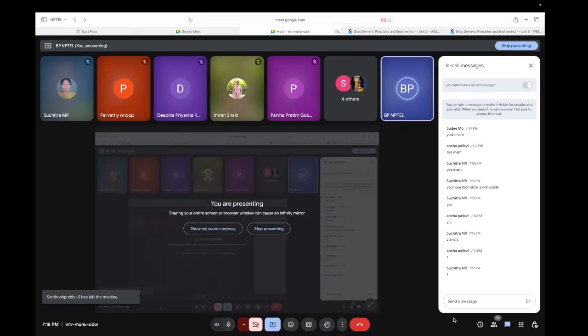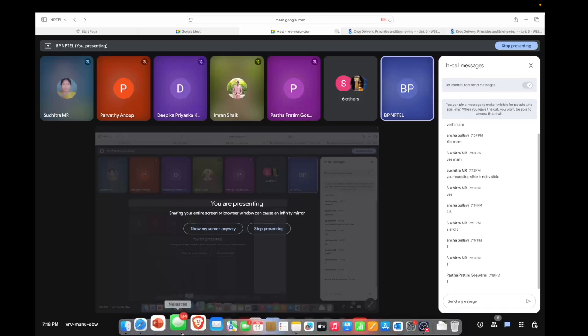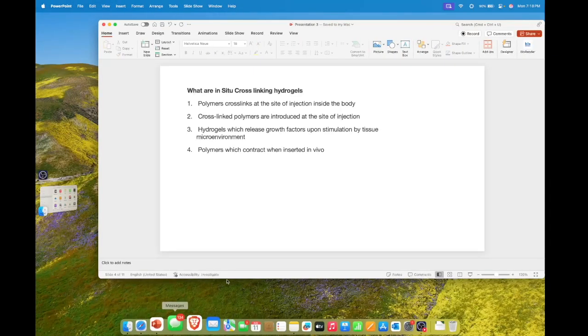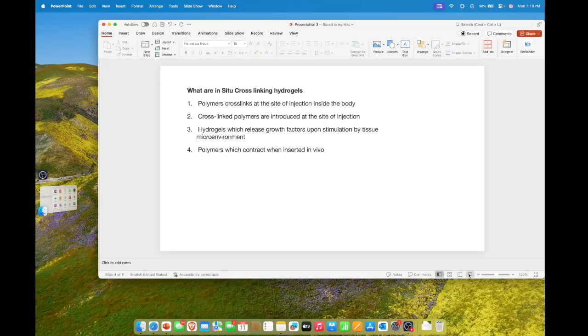Has anybody answered? Option 1. Okay. Anybody else would like to answer? Yes, all of you are correct. In situ cross-linking hydrogels are polymers that cross-link at the site of injection inside the body.